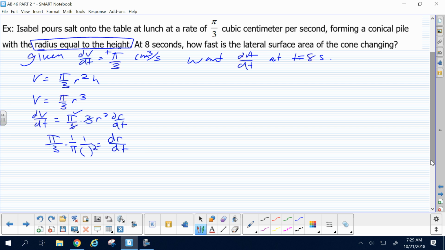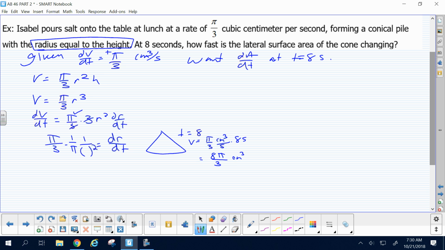They tell you that at the instant they ask, time equals 8. So what does that mean? Well, I assume it started with no salt. If the volume is coming in at pi over 3 cubic centimeters per second, then at time equal 8, the volume is pi over 3 cubic centimeters per second times 8 seconds, or 8 pi over 3 cubic centimeters.